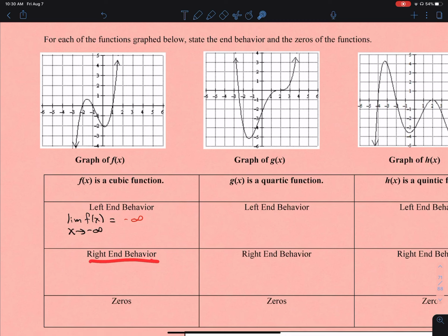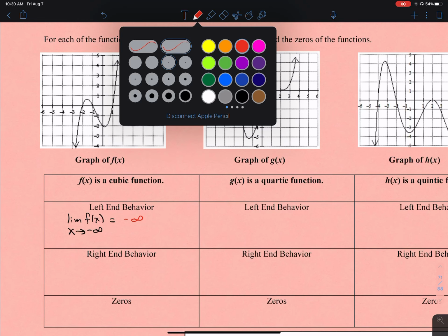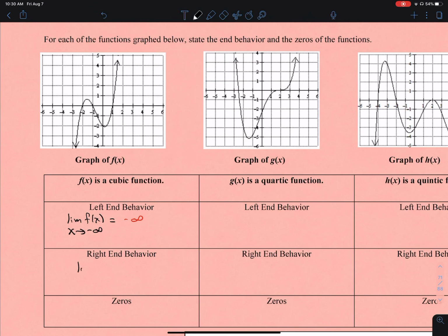The right end behavior is asking what's happening to function f as x goes to infinity. Reading it with limits, the limit of f of x as x approaches infinity is equal to, if you follow this graph, as we go right forever, the graph is going up forever.